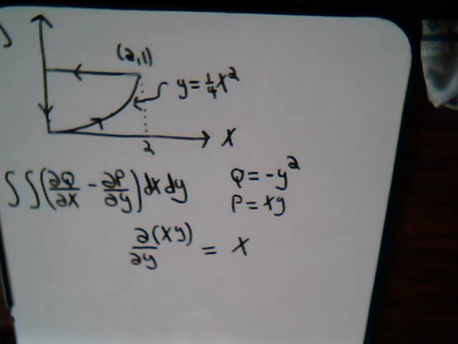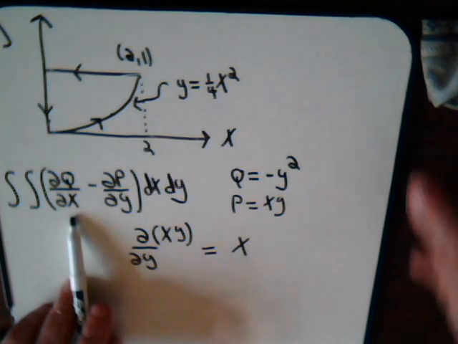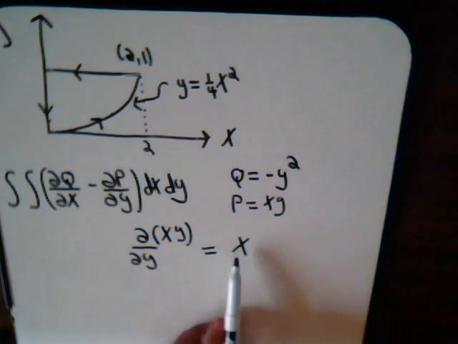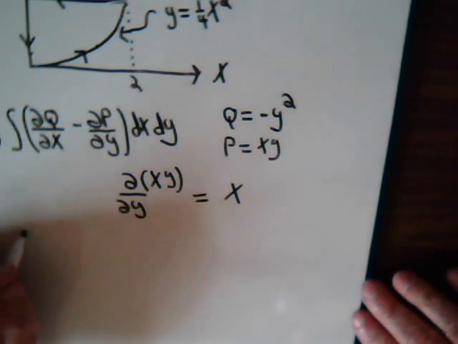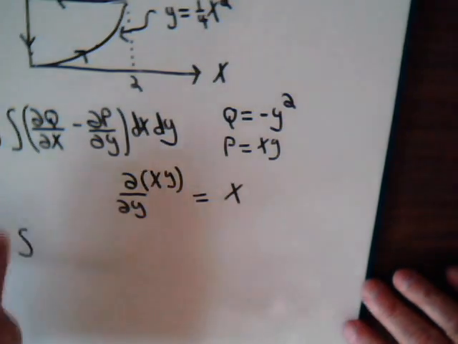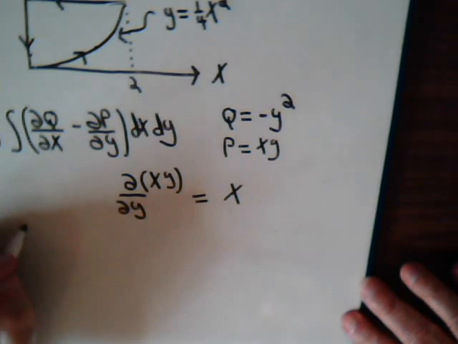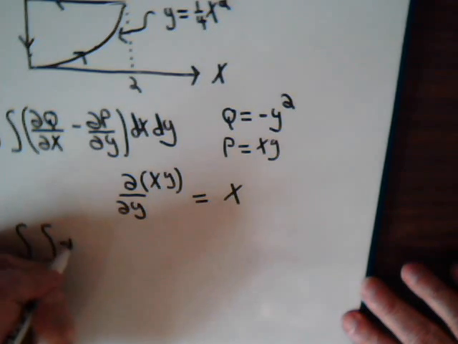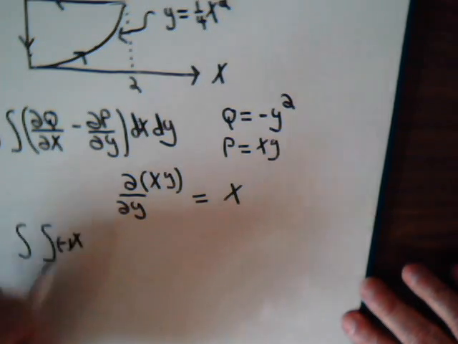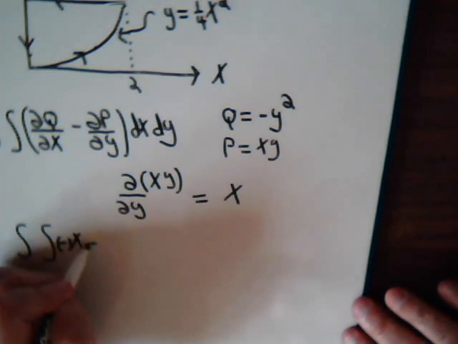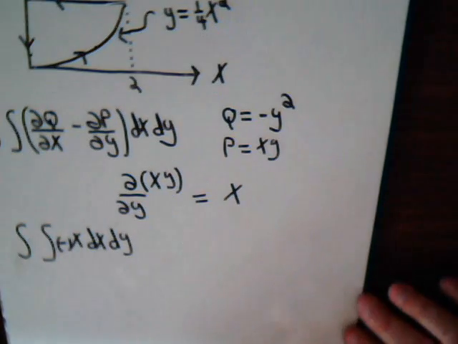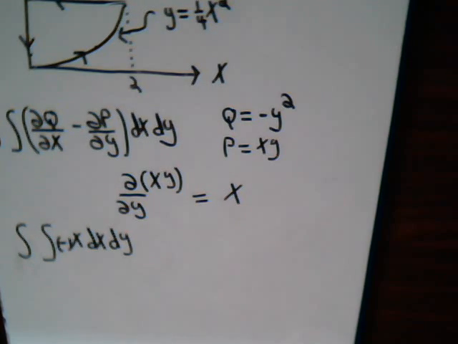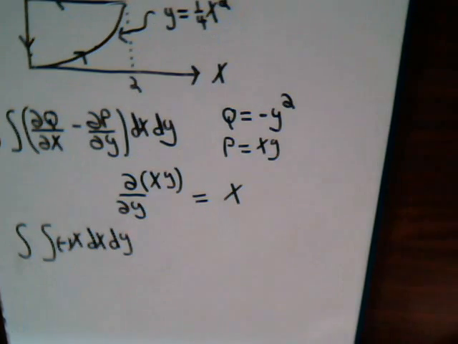So our double integral is going to be 0 minus x, so minus x. Now, we can write it as dx dy or dy dx. Doesn't matter, but we have to think now about what we're doing.